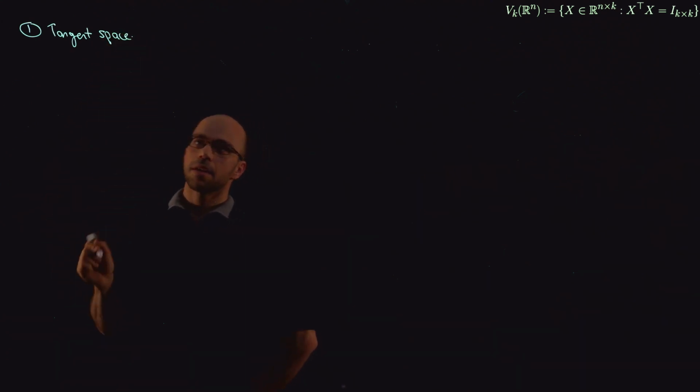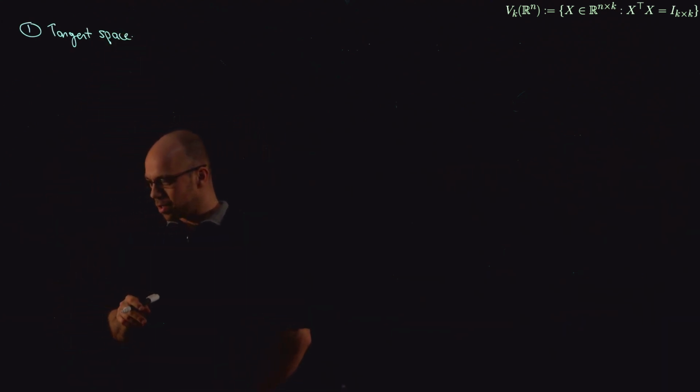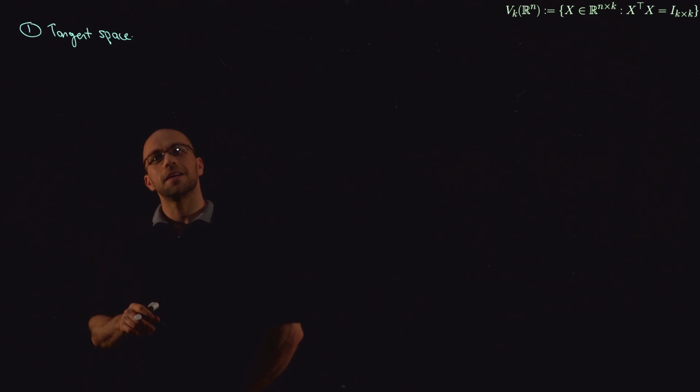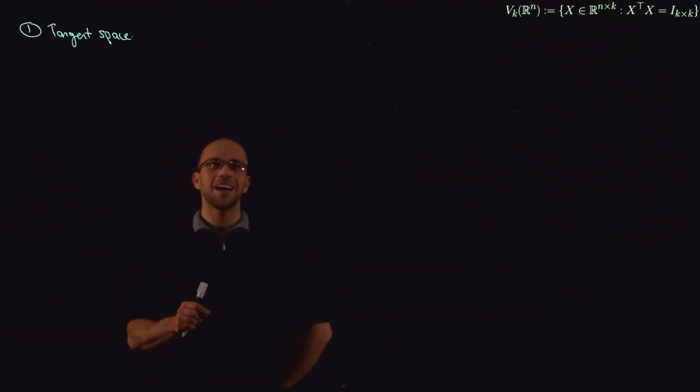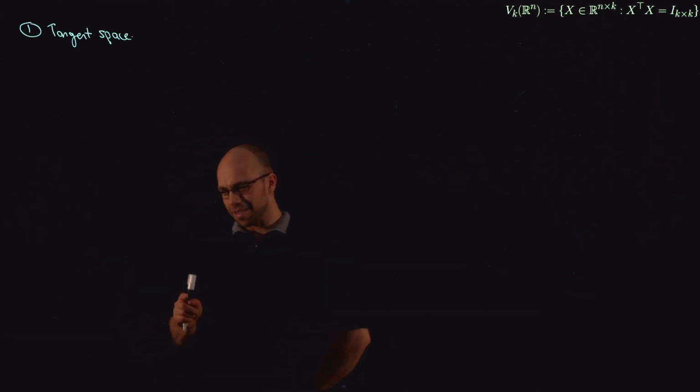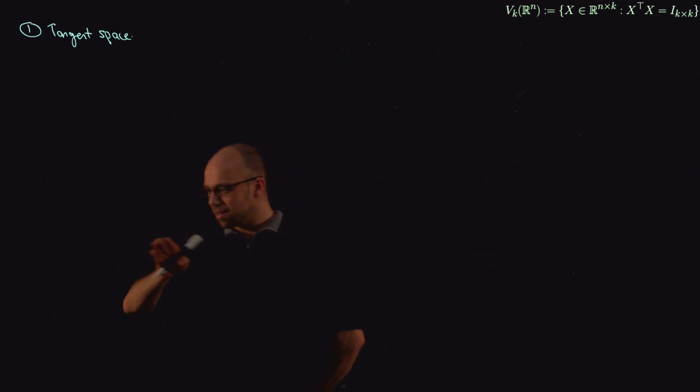Now, there are many different ways to talk about tangent spaces. I think in this case we can actually work with the very first definition that we ever had in 838 of a tangent space, which is that it's like the space of initial velocities of curves.